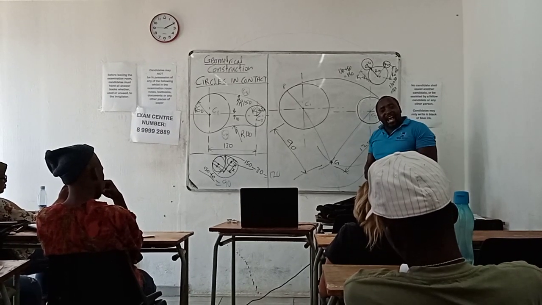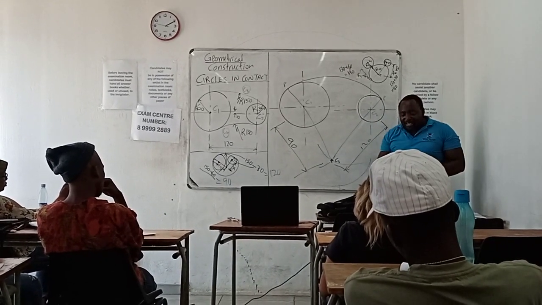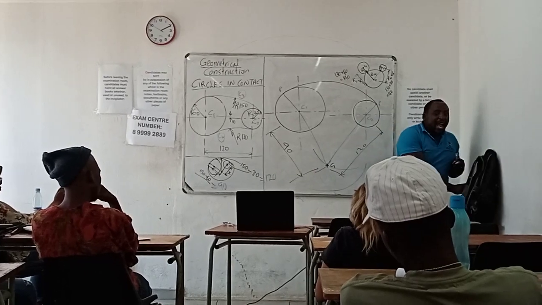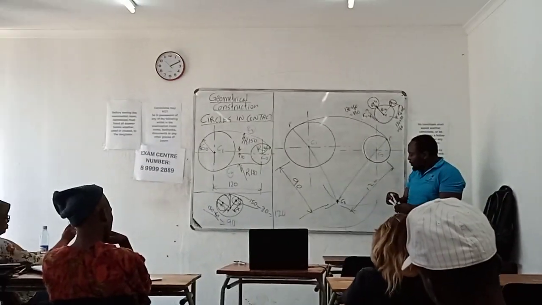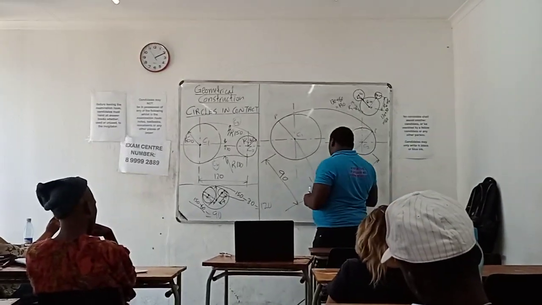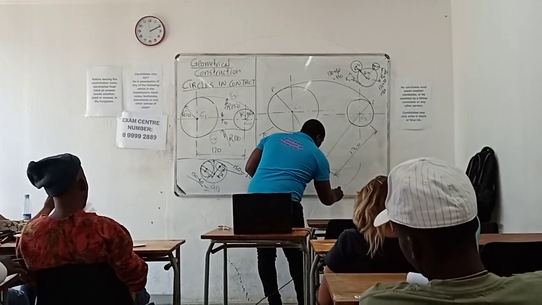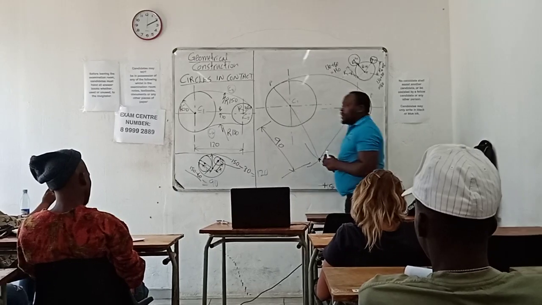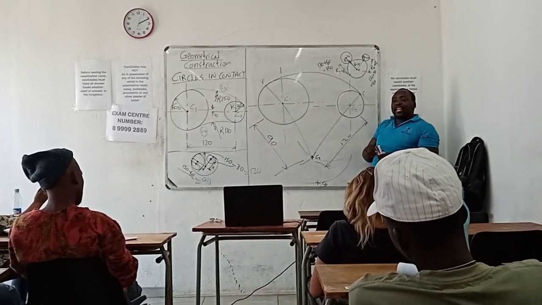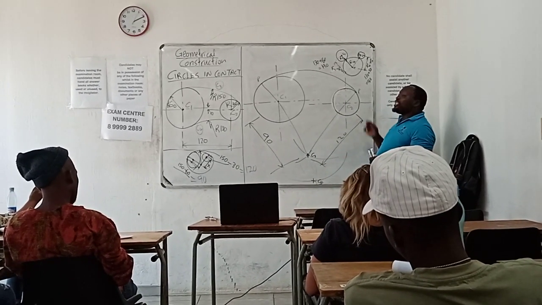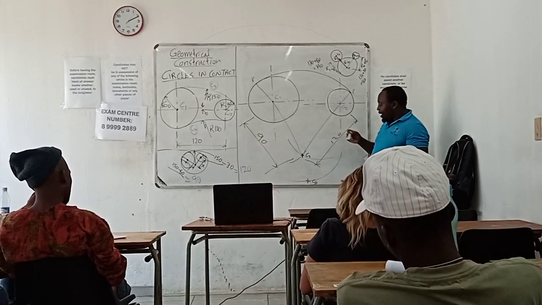Where they cross each other is my center point. So I'll put a cross there. Center 4. I'll draw a faint line from center 4 to center 2.